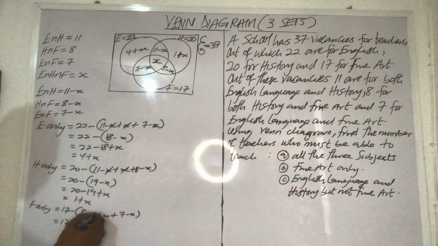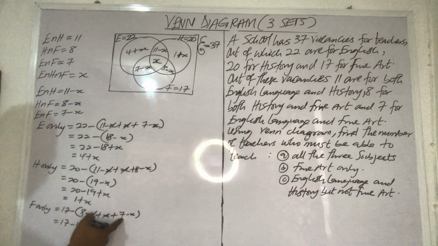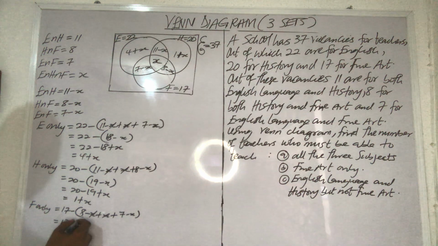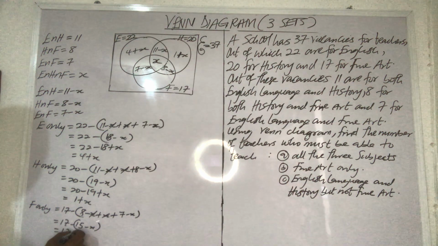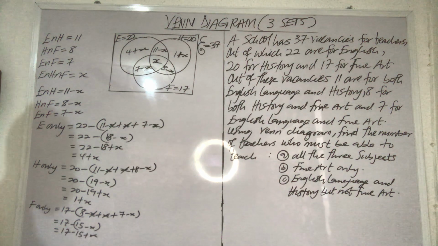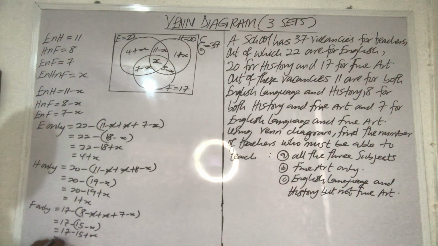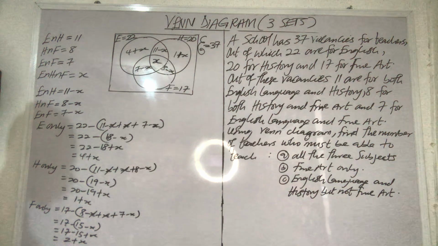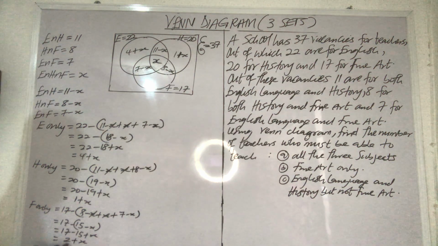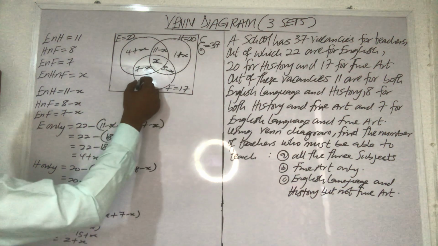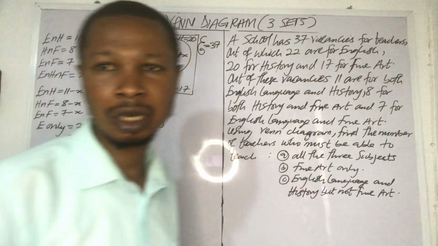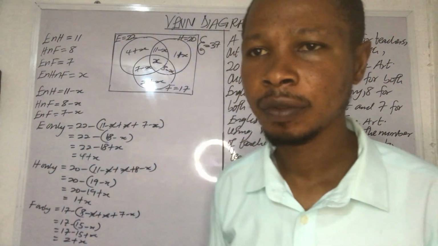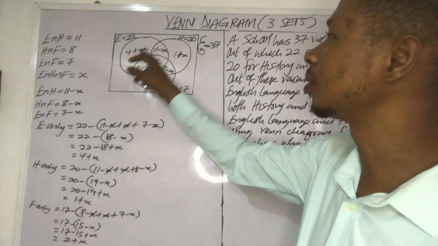Minus x plus x will cancel out. Then 17 minus 15 plus x. So this will give me 2 plus x. So for fine arts only, you have 2 plus x. This is how we get our only for all the single sets.